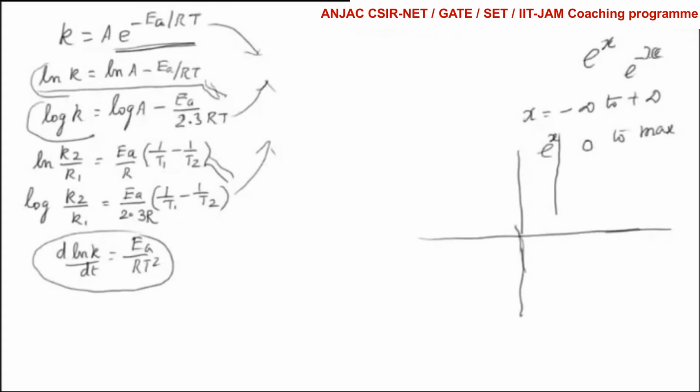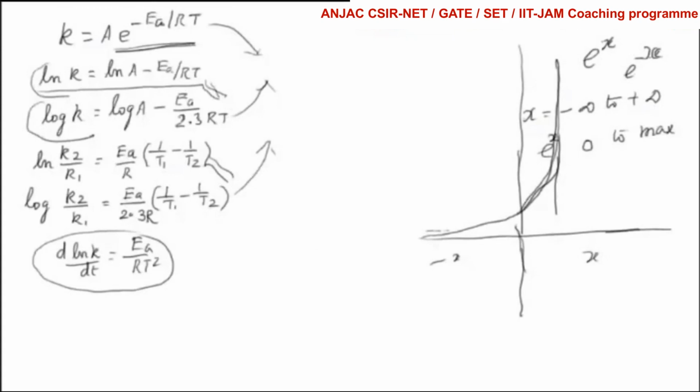Let us see plus x, this is minus x. If you plot this graph, it will be e power x. It is going slowly from 0 and then increases tremendously like this. This is the exponential increase.